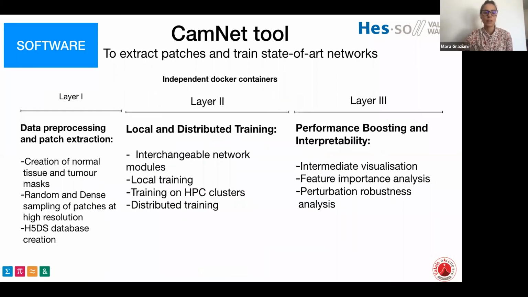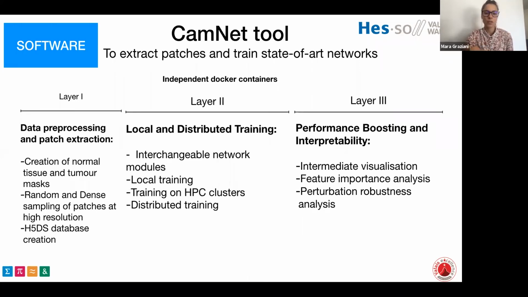To look in detail at each layer, layer 1, for example, focuses on the data preprocessing and the patch extraction step. So we created masks of normal tissue and tumor tissue. And from there, we implemented the sampling of batches at high resolution that I showed before.